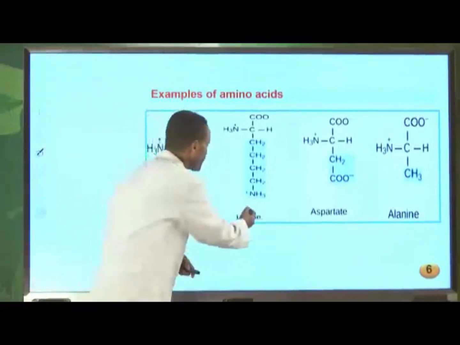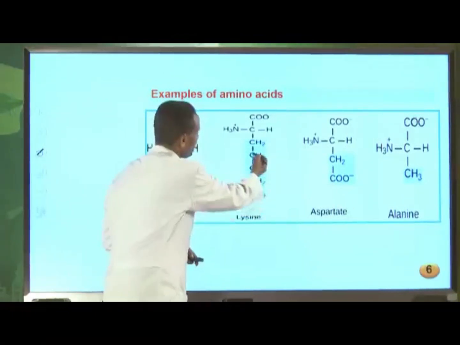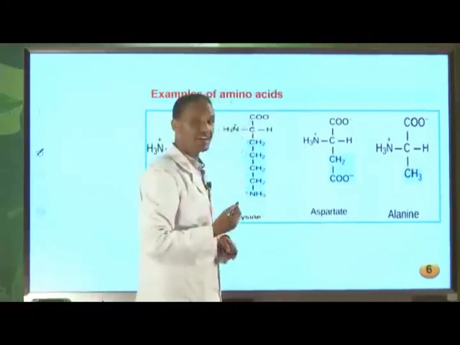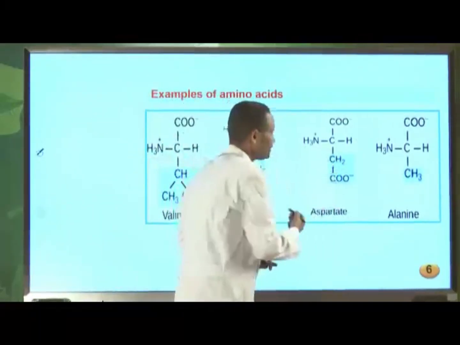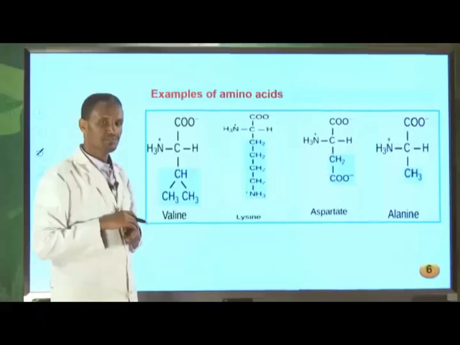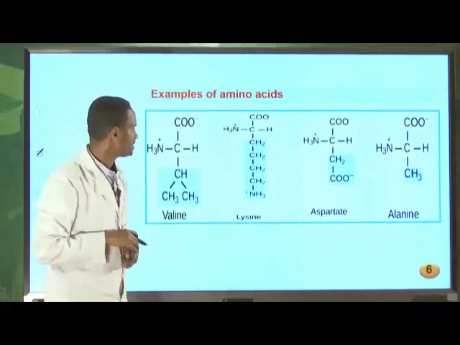The R group in lysine contains 4 carbon atoms. In aspartate, the R group contains 2 carbon atoms. But in alanine, it contains 1 carbon atom. Therefore, each amino acid varies depending upon its R group. The R group can differentiate one amino acid from another amino acid.